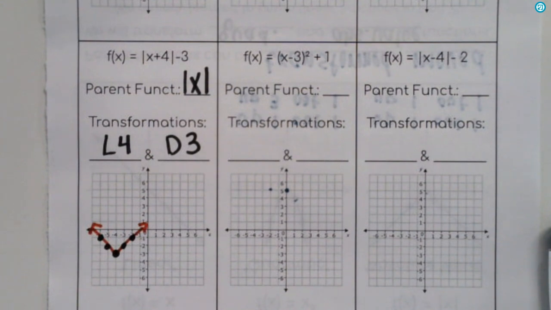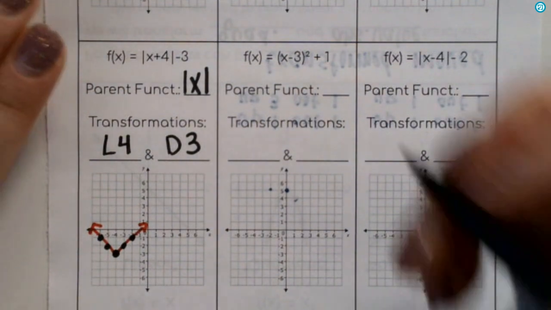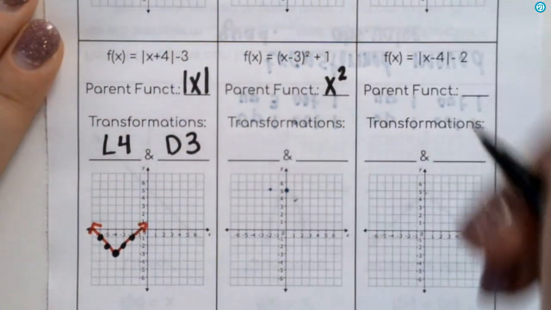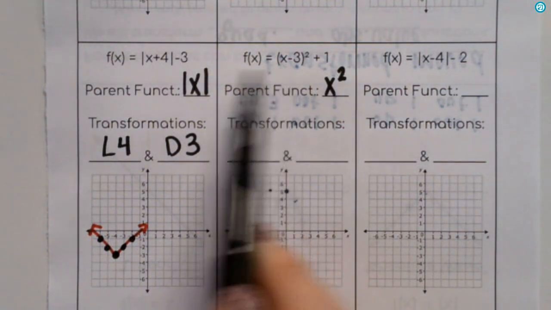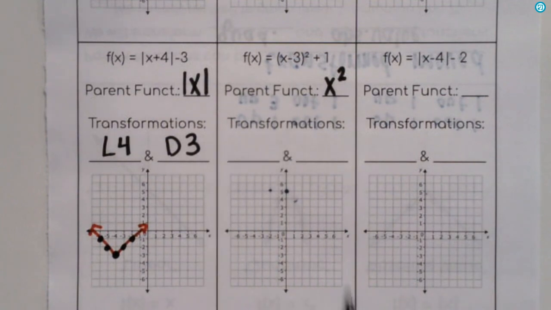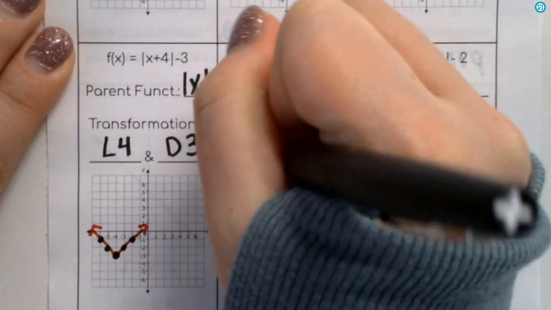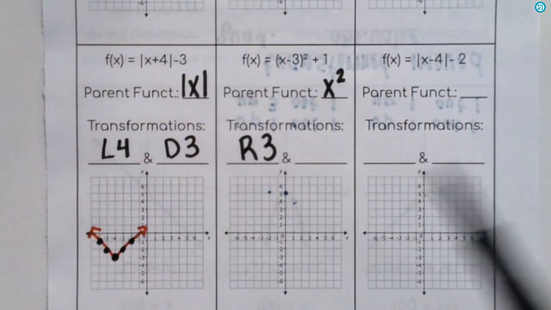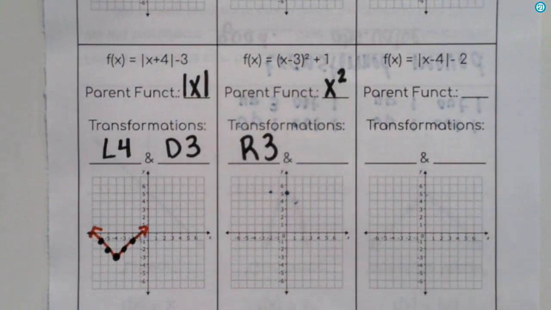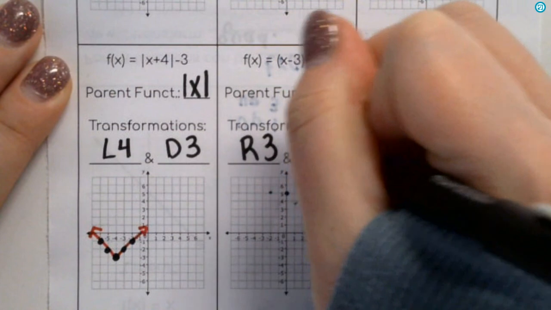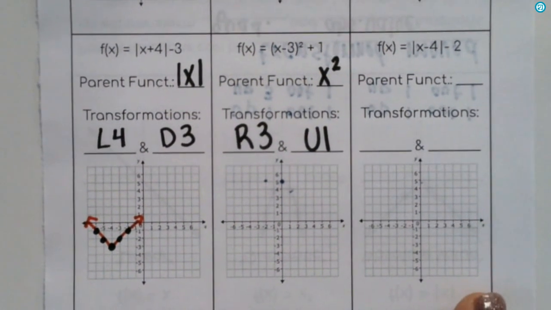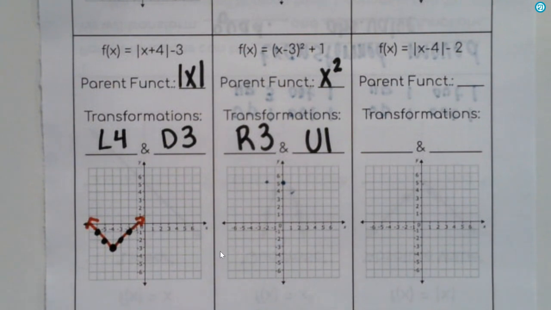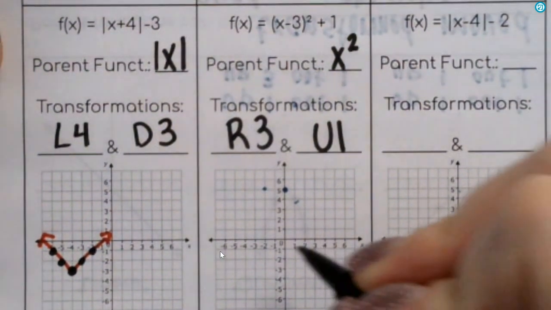Okay, next one, x minus 3 squared plus 1. My parent function is x squared. Subtracting inside. This one's the exact opposite because now I'm subtracting inside. So subtracting inside moves me right. So right 3. And then adding outside moves me up. So right 3, up 1. Let's zoom in a little bit to this. So right 3, up 1.